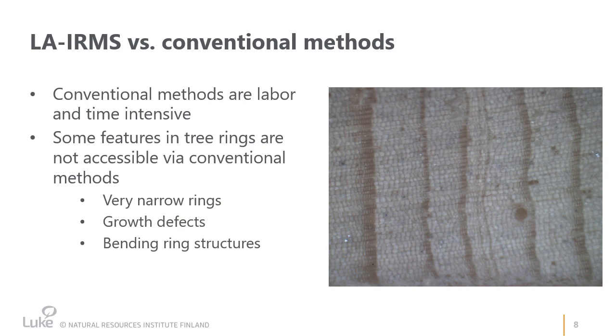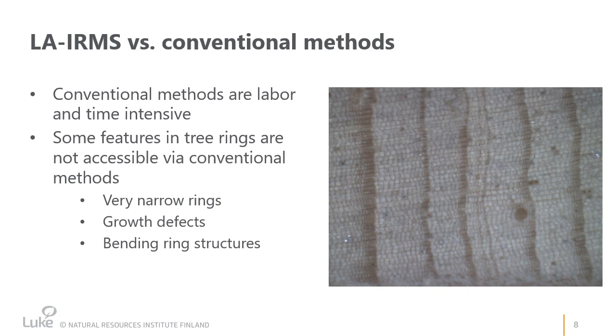But if you remember from the earlier images of the tree rings, perhaps you remember that they were quite even. So the ring boundaries were straight. In these cases, you can imagine that it is possible to sequentially cut the rings.